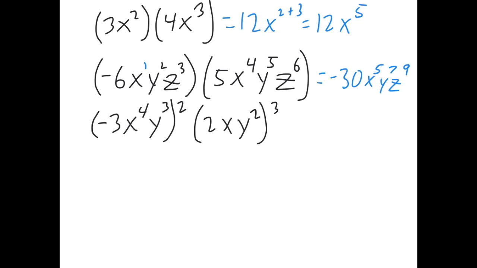To do that, we need to look at the exponents. First we have -3 squared. So we raise each thing to the exponent. So -3 squared, well, -3 squared is -3 times -3, which is a positive 9.